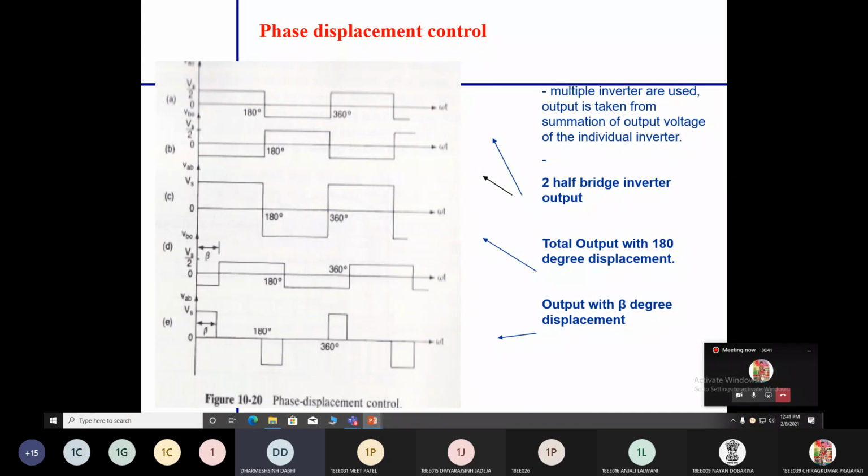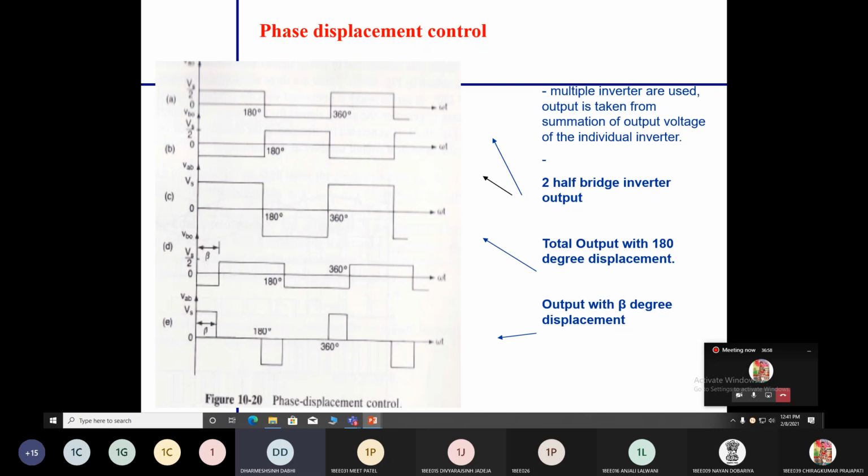Clear? But our first aim is to control the magnitude of the output. So here I complete all these PWM techniques to control the output voltage of the inverter. This is the internal control of the inverter.